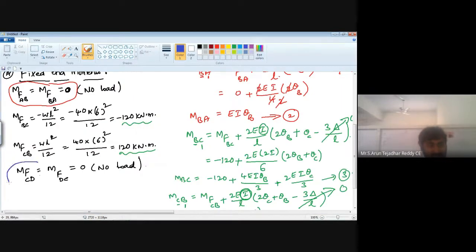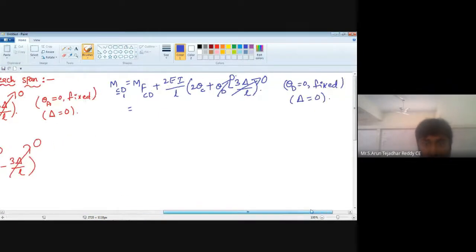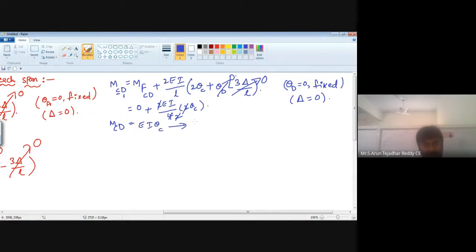MFCD as well as MFDC is 0 because there is no load between C to D. So it is 0 plus 2EI by span, C to D span 4 meter, into 2 theta C. Now MCD is equal to EI theta C, that is equation number 5.